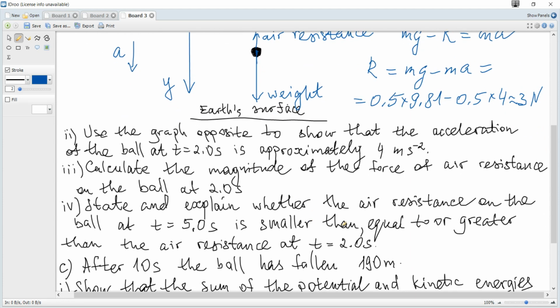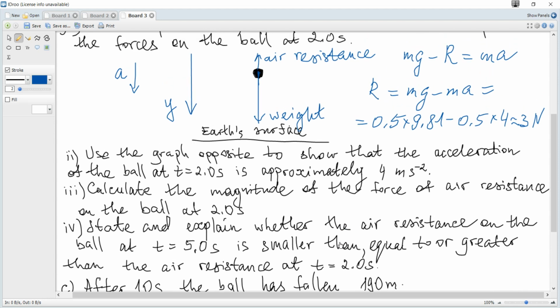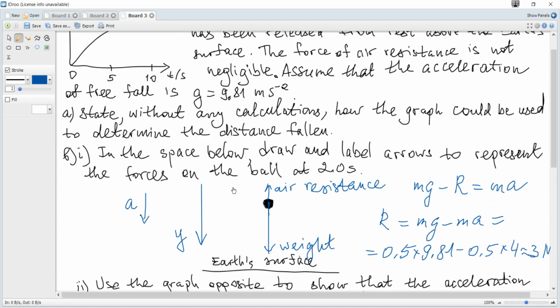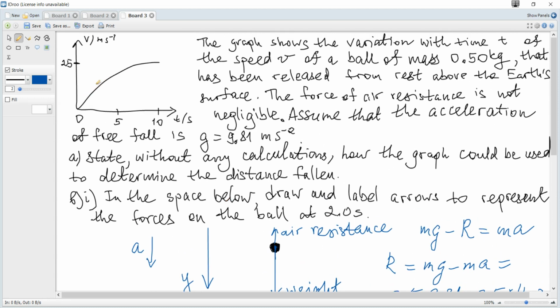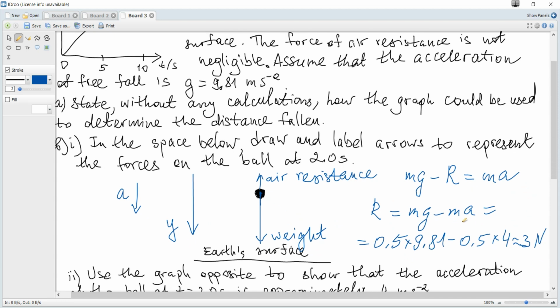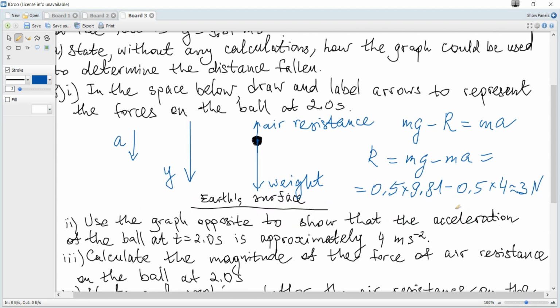State and explain whether the air resistance on the ball at 5 seconds is smaller than, equal to, or greater than the air resistance at 2 seconds. We can see that the gradient at 5 seconds is smaller, hence acceleration at 5 seconds is less than at 2 seconds, and air resistance is mg, which is constant, minus ma, and since ma is smaller, r is larger.